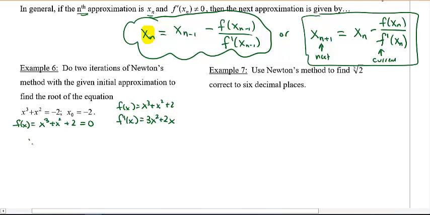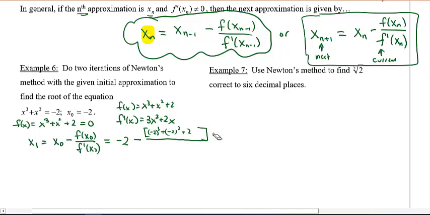So our next value, I'll say x sub 1, equals our initial value of x sub 0 minus f of x sub 0 all over f prime of x sub 0. The question is, what's x sub 0? Oh, we know. It's actually the value of negative 2. So in this case, let's plug in negative 2. Negative 2 minus, and then we have to evaluate. Negative 2, we'll plug it in. Negative 2 cubed plus negative 2 squared plus 2. There's my numerator, which is just f of x.